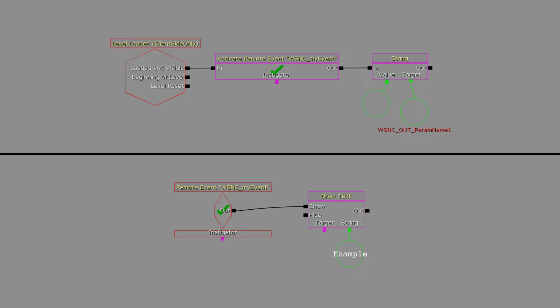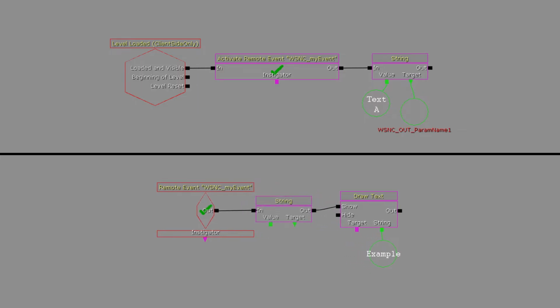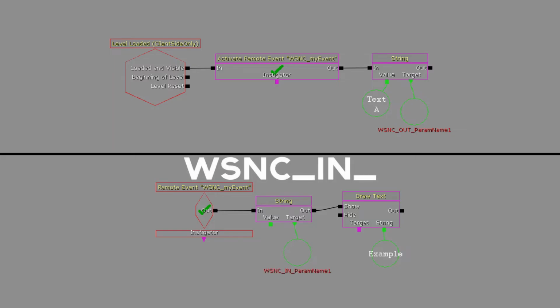The value variable should be whatever string you wish to pass in as the variable's value. Next, add a matching SetString node after the remote event. The target variable should be a string_var with a name that matches the parameter's name, but with the WSNC_in prefix instead of the WSNC_out prefix.